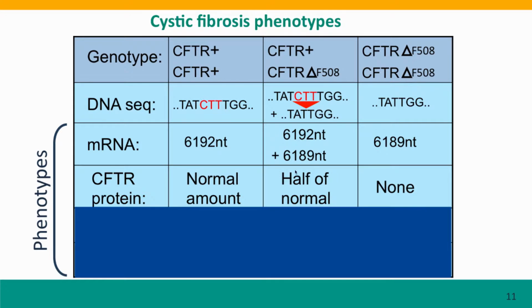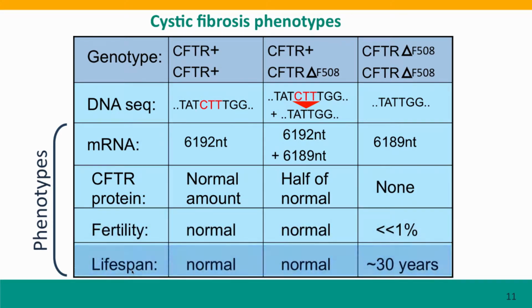We've got half as much protein in the heterozygote, intermediate between the normal amount and the none in the mutant homozygote. But if we look at fertility or lifespan, we would say, oh, the normal allele is dominant to the delta F508 defective allele because in the heterozygote we see the normal phenotype.